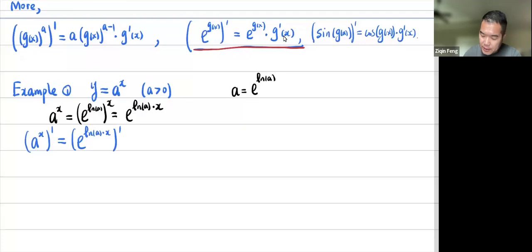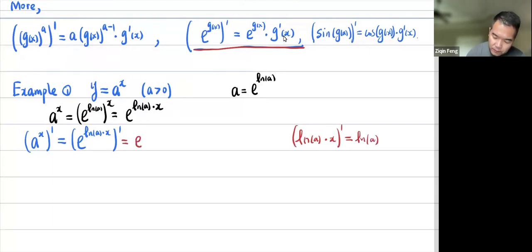We do know that natural log of a times x prime is, natural log of a is a constant, x prime is 1, so this is natural log of a. So this is equal to e to the natural log of a times x, times natural log of a.